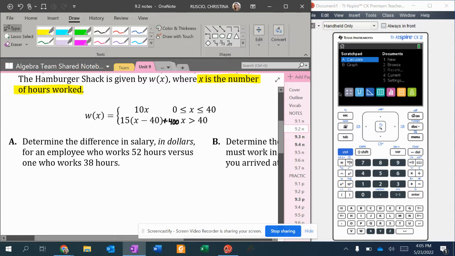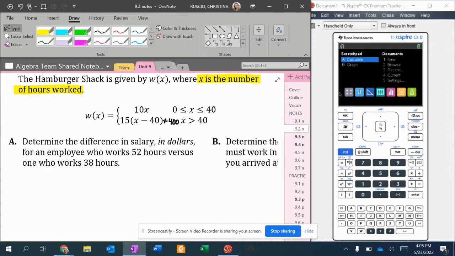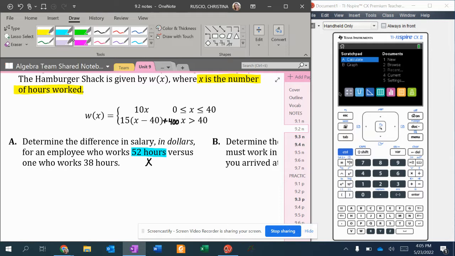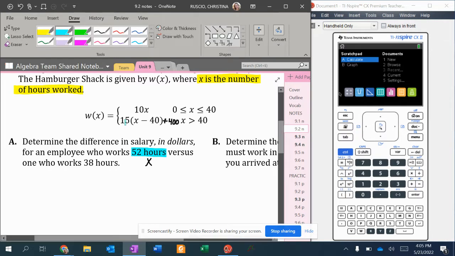Okay, so we put in hours, we get out dollars if we're thinking about a function. Who works 52 hours. Okay, hang on a second. So if they work 52 hours, that's our X value, right? Our hours is our X. So if our hours is our X value and we're looking for 52, I think we're going to have to use this piece, right?